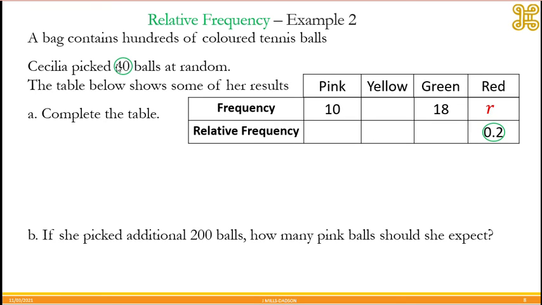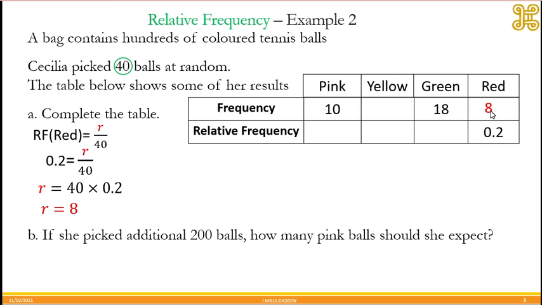R divided by 40 should equal 0.2. So relative frequency. Now, can we work out R? We multiply both sides by 40. That means that 8 red balls were picked. So we know R is now 8.